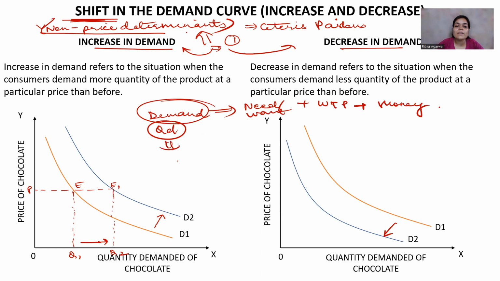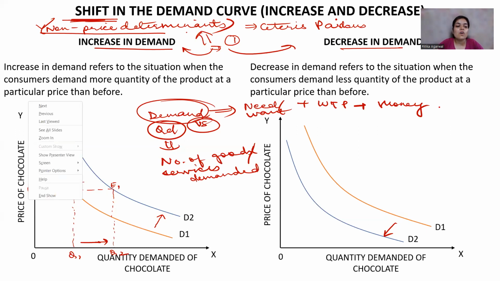And quantity demanded is nothing but the number of goods or services demanded. So these are two different things. That is, there's a distinction between demand and quantity demanded. So in this case, the demand is increasing and the quantity demanded is also increasing, but the price remains constant.